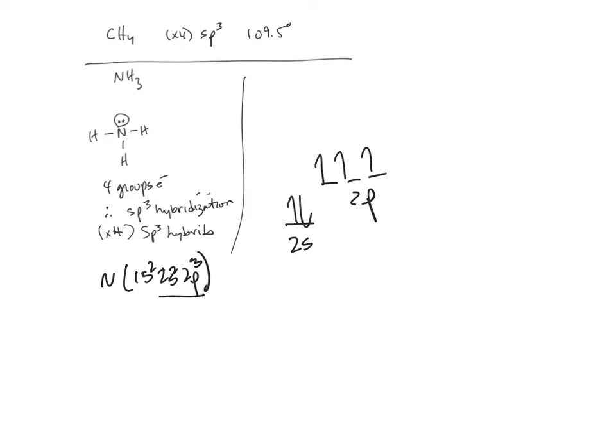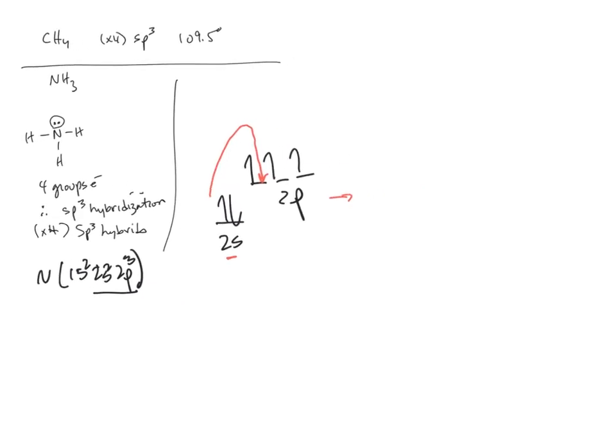And in this case, you don't really have to promote. I mean, if you mixed them together, you would get the same result, but consistent with the idea that you take one of the s's and then 3 of the p's and combine them, I like to write this step out anyway.